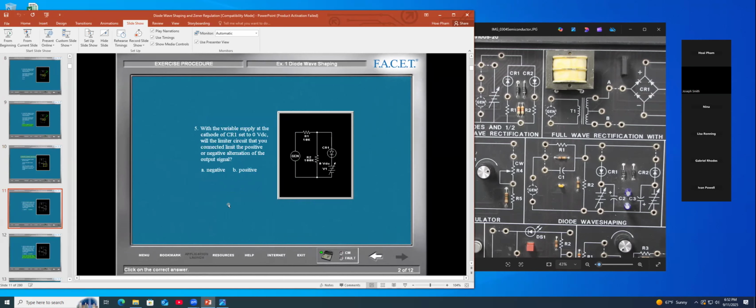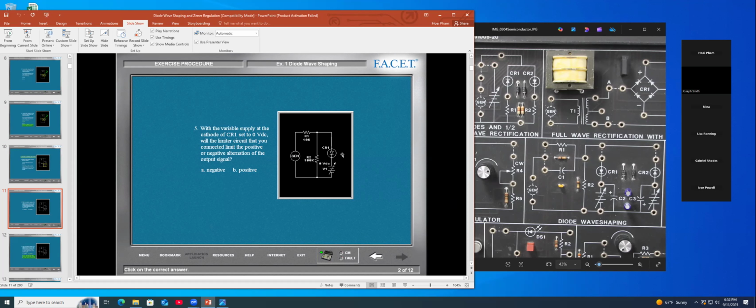Now they want the circuitry to look like this. So the generator goes to R1, right? And they go into here.